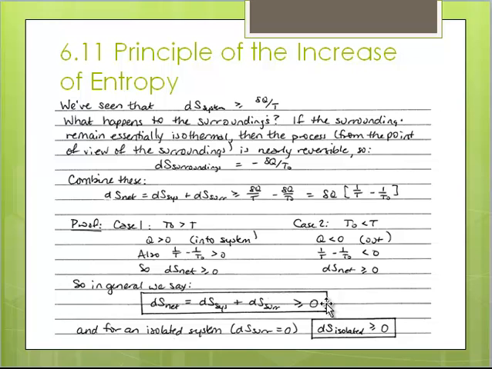Overall, it will be equal to 0 for reversible, positive for any real system. Now, one last little thing here is that in an isolated system, there's no communication with the surroundings, in which case I only have the system. That means that isolated systems can only have positive entropy changes.